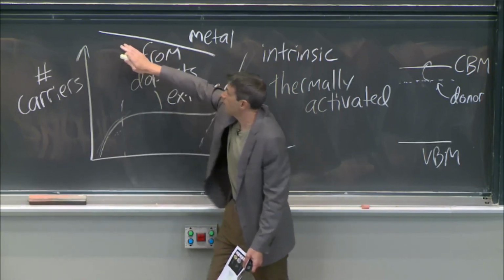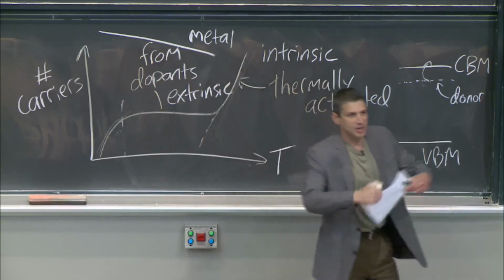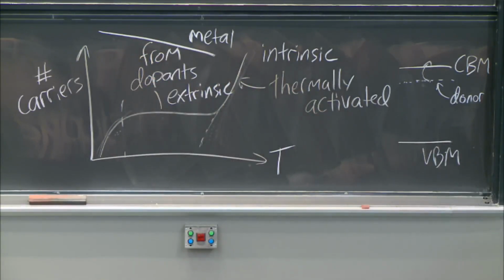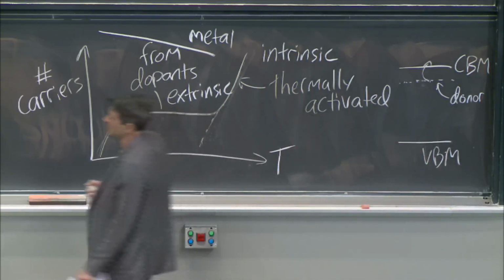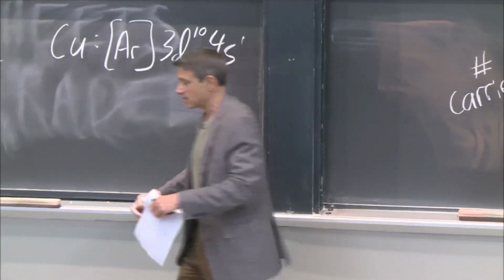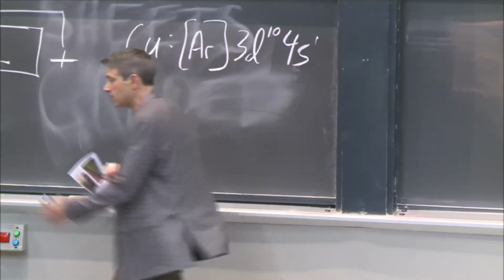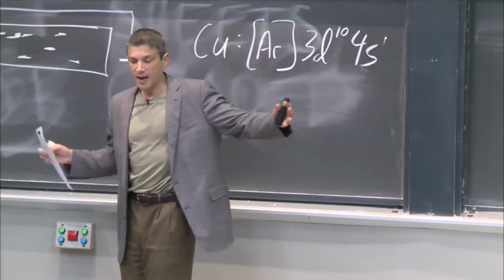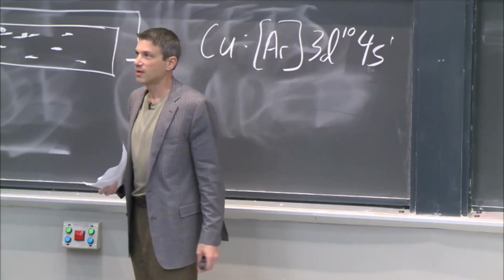So what's happening? Well, when I increase the temperature, I'm increasing the vibrations. You can imagine if these electrons are trying to do their thing, and they're in like a sea of electrons, the last thing I want to do if I'm moving along is to see some big ion moving around.